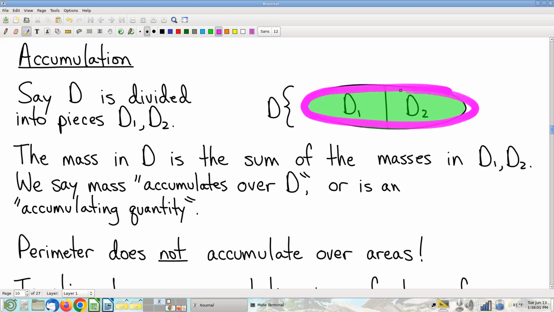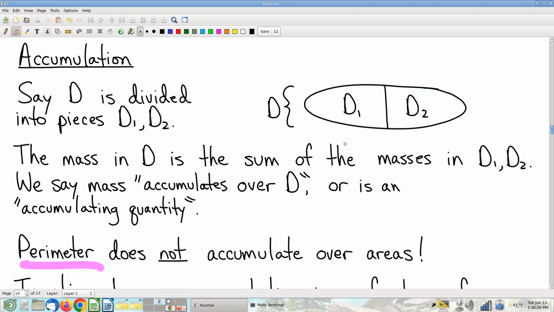There is a perimeter to that whole. And that perimeter is just absolutely not equal to the perimeter of the left piece plus the perimeter of the right piece, right? Blue plus orange is not equal to purple. Right? Does everybody see what I mean? So some quantities are accumulating, some quantities are not.